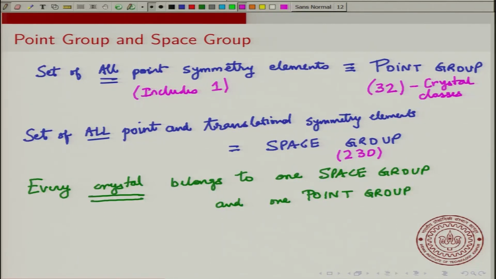Now you can see that if you want to identify a crystal, you give the asymmetric unit. Remember we said a crystal is equal to one of 230 space groups plus asymmetric units.